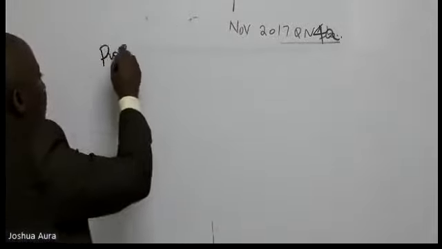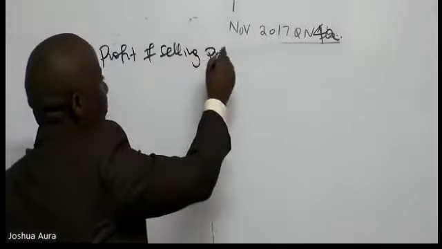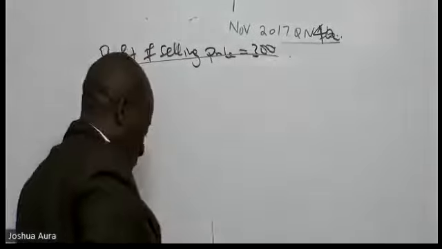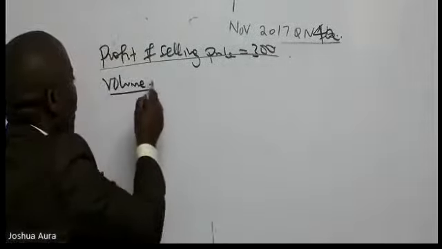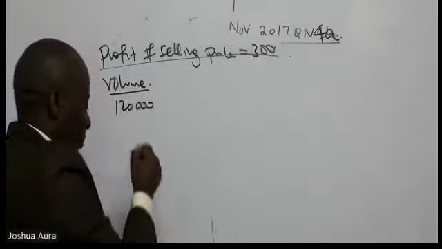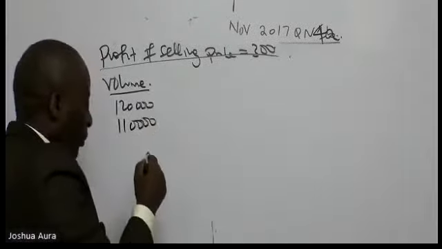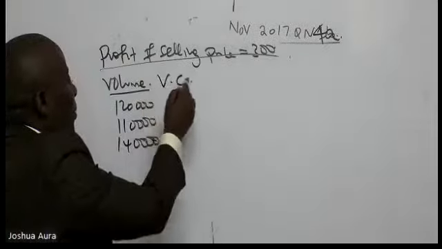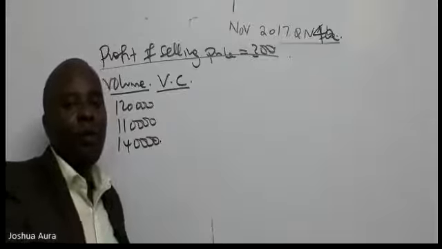So profit, if selling price equals 300, 3 possibilities here of volume. So volume could either be 120,000, 110,000, 140,000. So create a column here of variable cost because it is the only technical thing that we have.